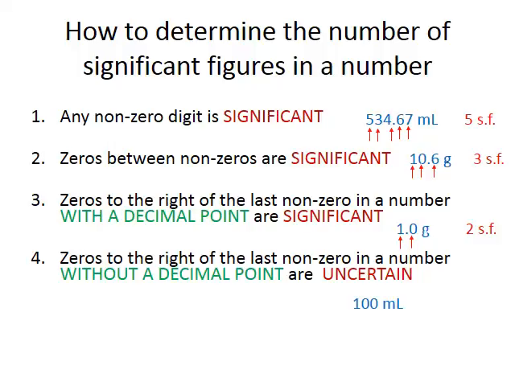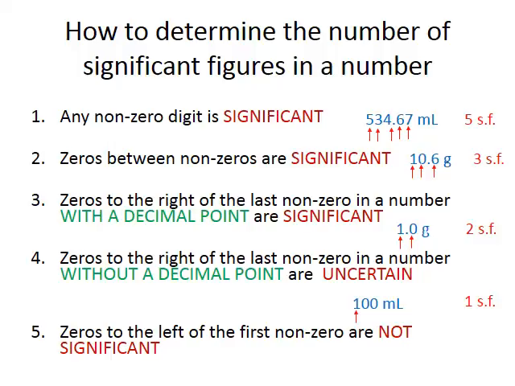So the best rule of thumb in a scenario like this is to assume that any trailing zeros, meaning zeros at the end of a number that does not contain a decimal point, are considered not significant. They're considered placeholders. So that means that only the non-zero digit at the beginning is, and we say we have 1 significant figure in this number.